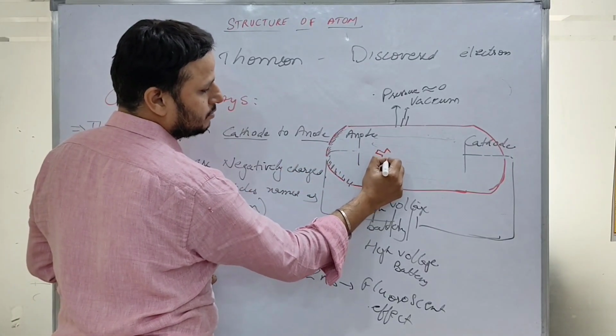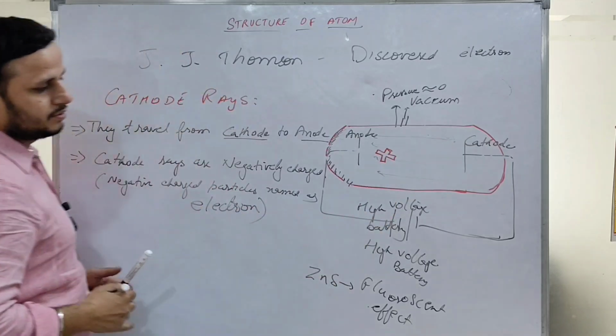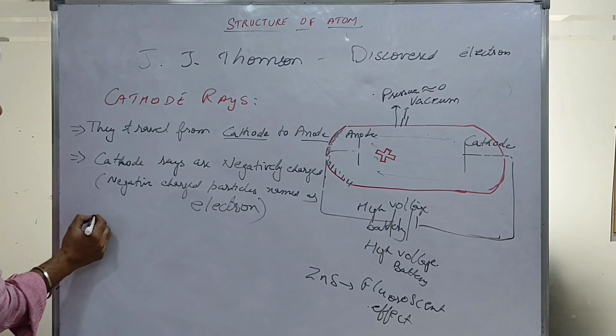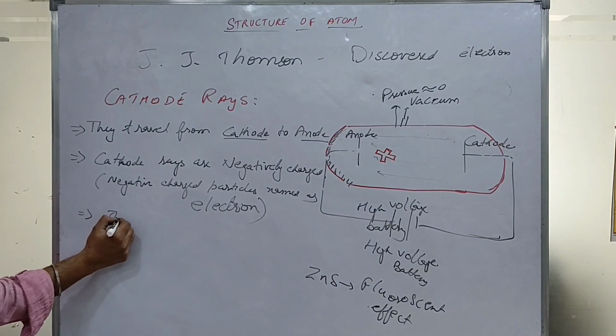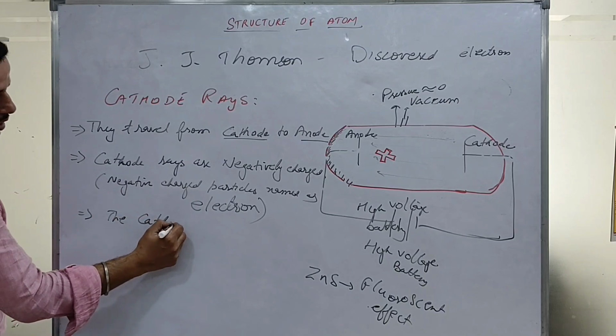If we keep any object in the path of this ray, the cathode rays cast a shadow.